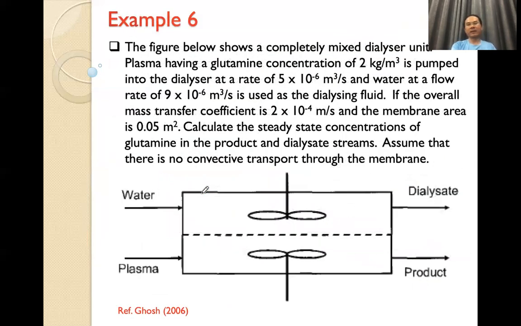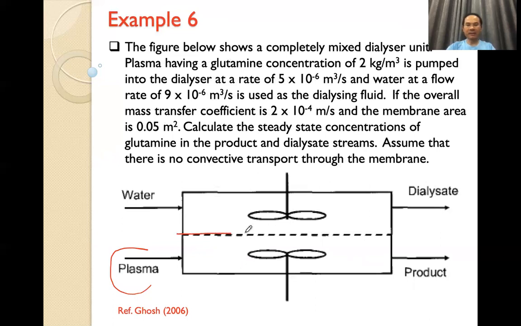Okay, for the last example of membrane operation, the figure below shows a completely mixed dialyzer unit. Plasma having a glutamine concentration of 2 kg per cubic meter is pumped into the dialyzer. Glutamine is an amino acid. In the dialyzer, we have a mixer, an impeller, to mix and drive the concentration to pass through the membrane.